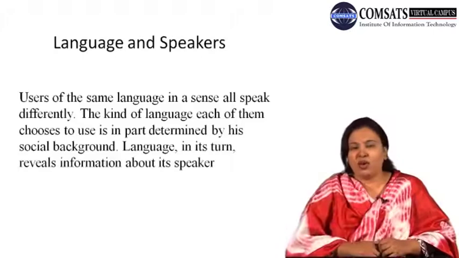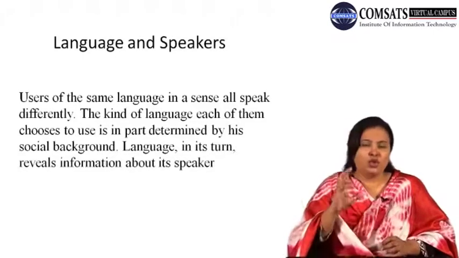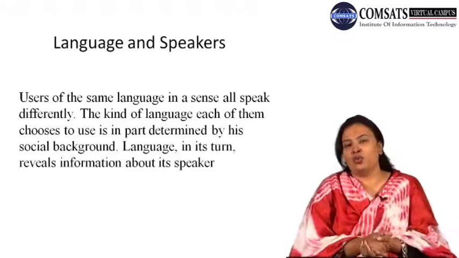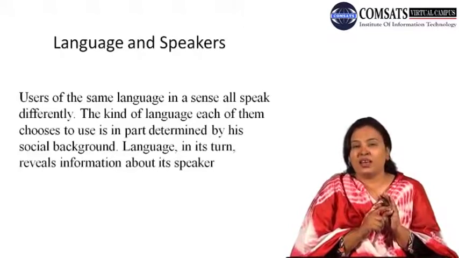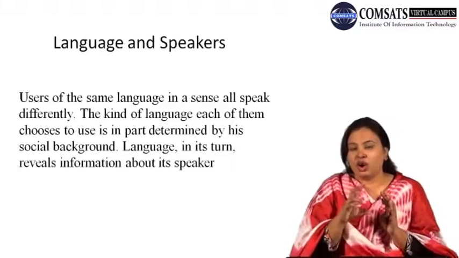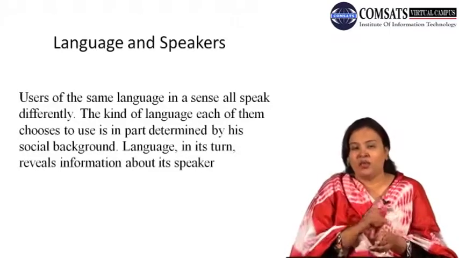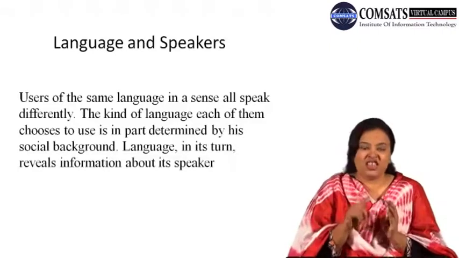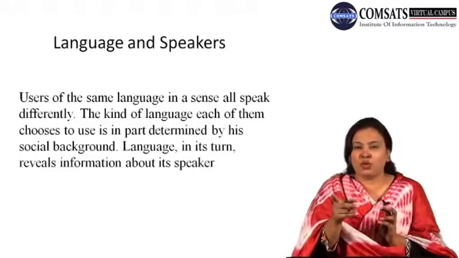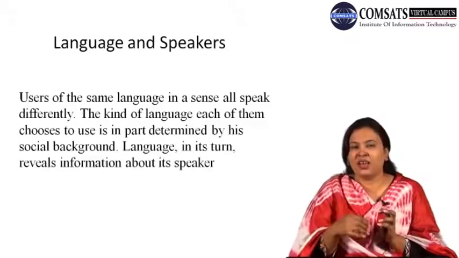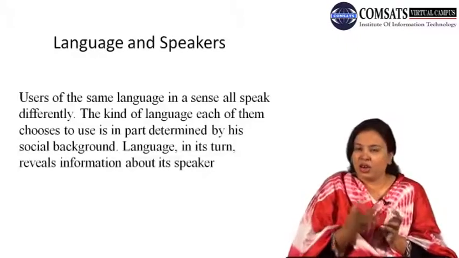You receive a call from an unknown number, and when you talk to the other person, the person is not in view, but you can automatically judge whether you are talking to a male or a female. Secondly, you can judge the age, whether the person is a child, a young person, or an old person. Number 3, whether the person who is ringing is an ignorant person or a knowledgeable person.